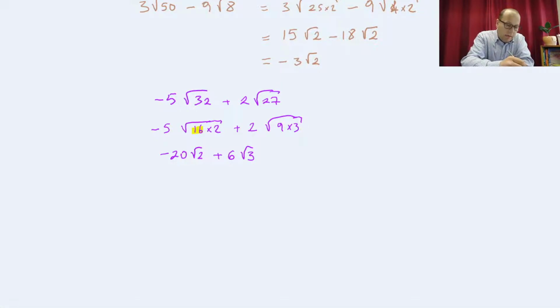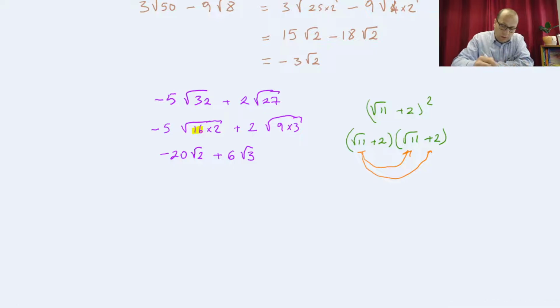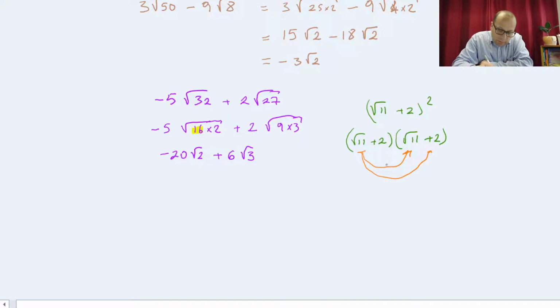Say I have square root of 11 plus 2, squared. That will be square root of 11 plus 2 multiplied by square root of 11 plus 2. Multiply that and that: root 11 times root 11 is just 11.